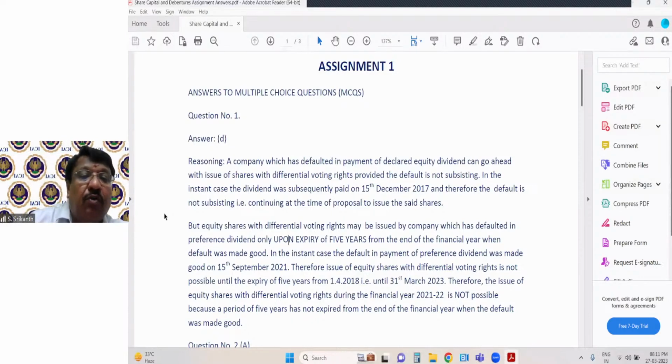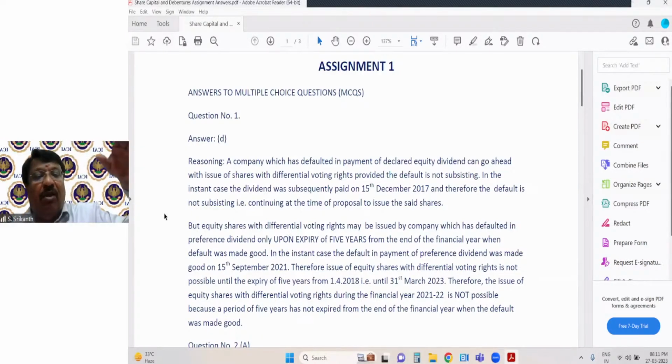Equity shares with differential voting rights may be issued by a company which has defaulted in preference dividend only upon expiry of 5 years from the end of the financial year when the default was made good. In this case, the default in payment was made good on 15 September 2017. Therefore, issue of equity shares with differential voting rights is not possible until the expiry of 5 years, that is 31st March 2023, which is yet to come.